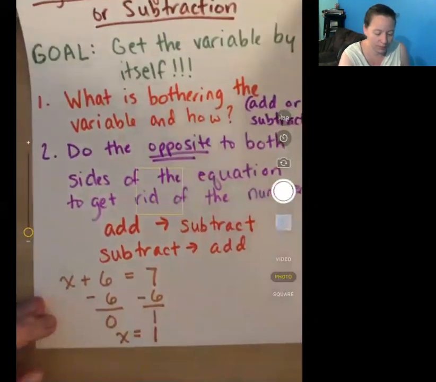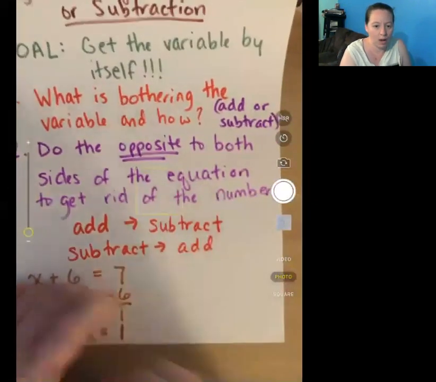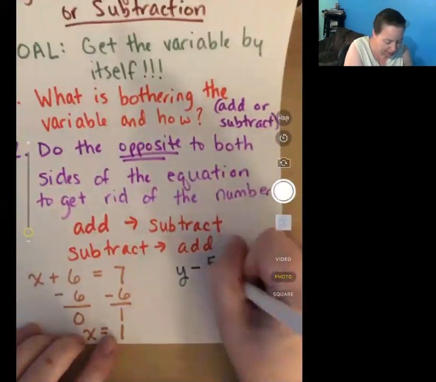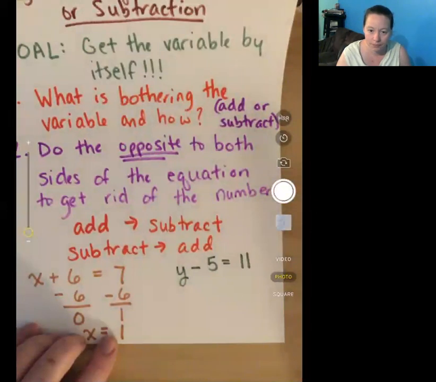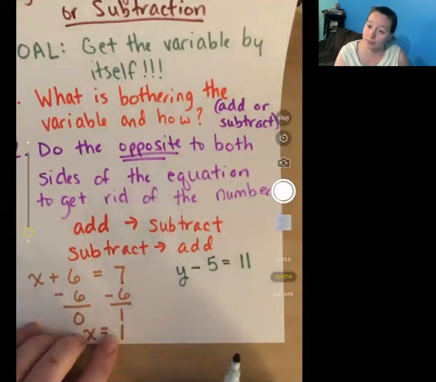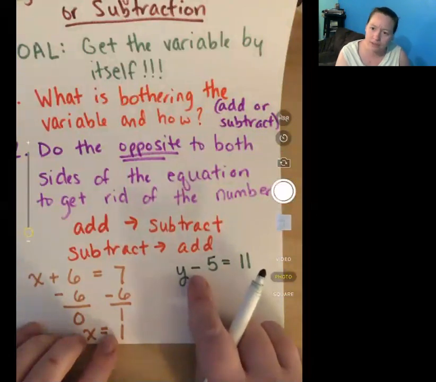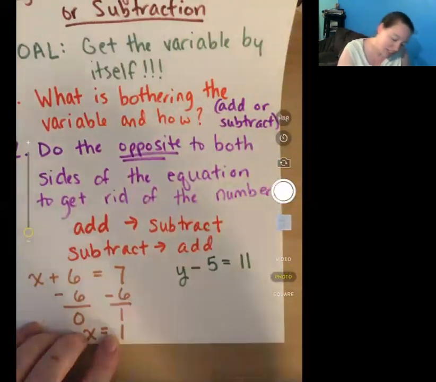Over here, let me do y minus 5 is equal to 11. What's bugging my variable? My variable is a y. What's bugging the y? That minus 5. How is it bugging it? By subtraction. What's the opposite of subtraction? Addition.